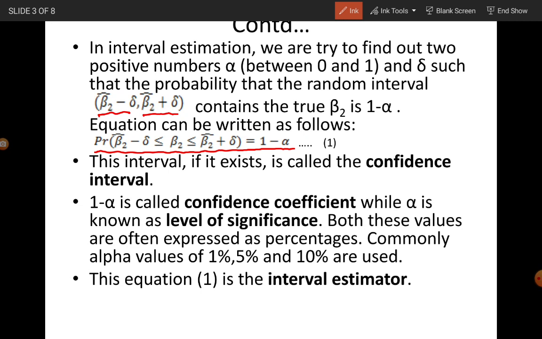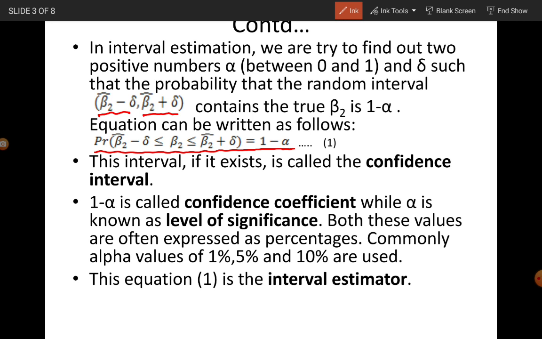Here the interval beta 2 hat minus delta to beta 2 hat plus delta is called the confidence interval. Alpha is the level of significance. Generally, we use 1%, 5% or 10% level for alpha. These are the widely and commonly used significance levels. And 1 minus alpha is called the confidence coefficient.